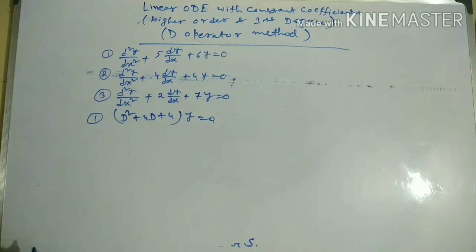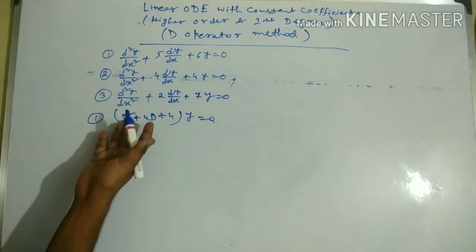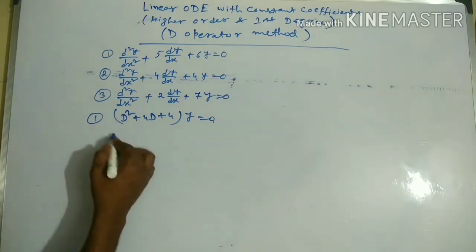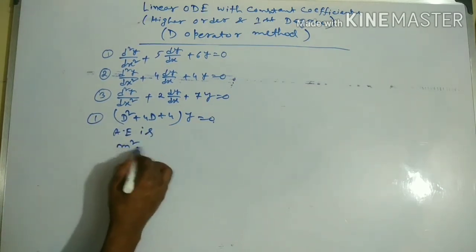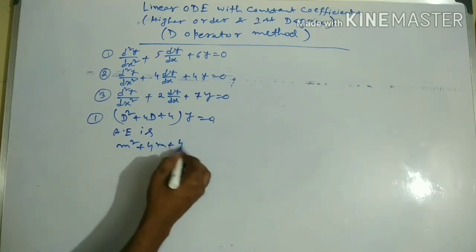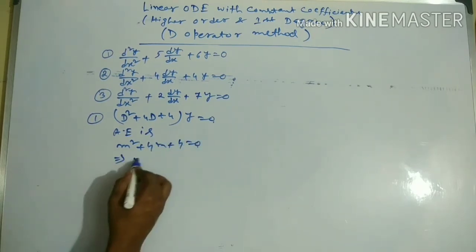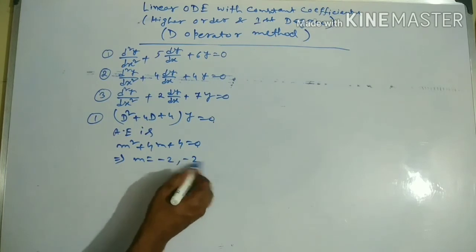I said that we need the auxiliary equation to find the roots. So the auxiliary equation will have the same form as the D operator form. So the auxiliary equation will be m square plus 4m plus 4 equal to 0. The roots will be -2, -2.